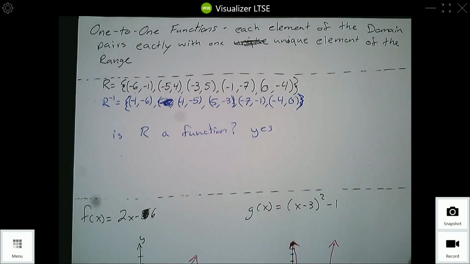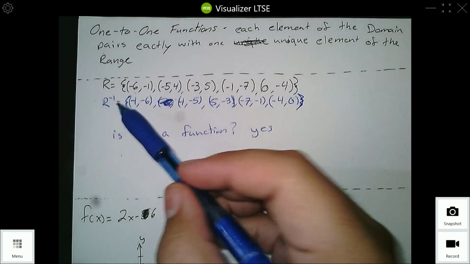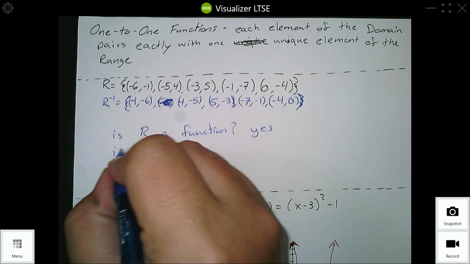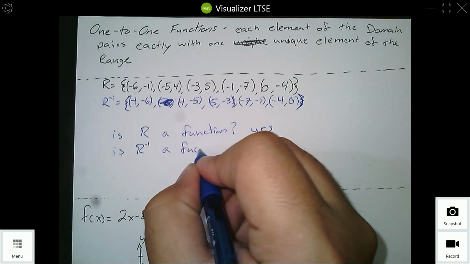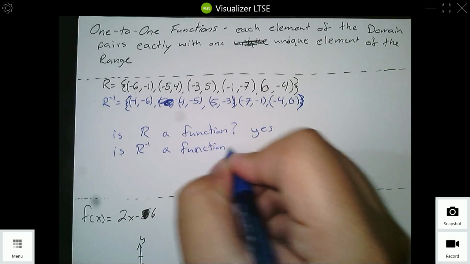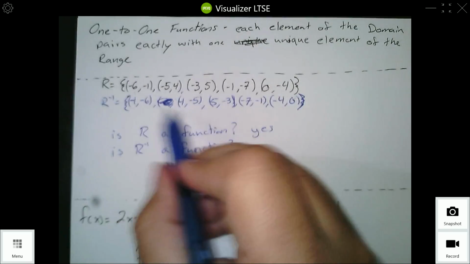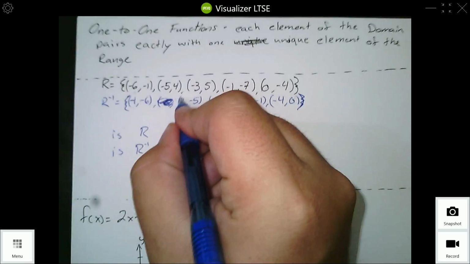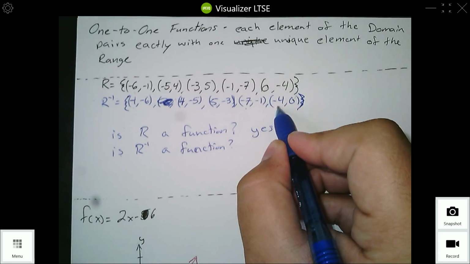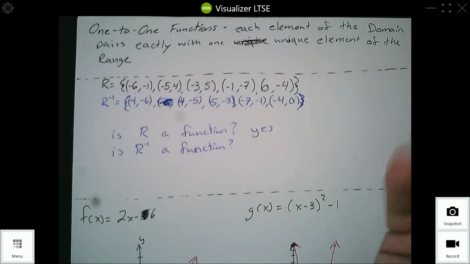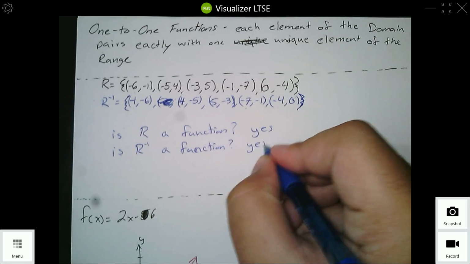Then I do the exact same thing for the inverse. Is the inverse relation a function? We have -1, 4, 5, -7, and -4. Nothing repeats itself again, so the answer is also yes.